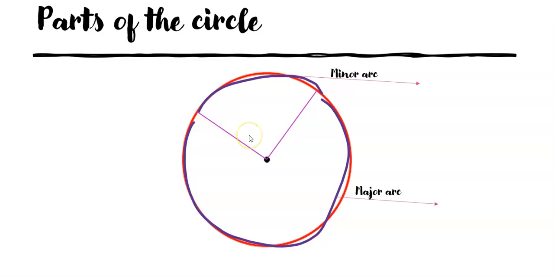Now, if you are given a particular angle and you are asked for the other arc, then you simply subtract that angle from 360 degrees to get the other part. So say for example, you are given an angle right here, 110 degrees. That's the minor arc. But then the question says, find the major arc.